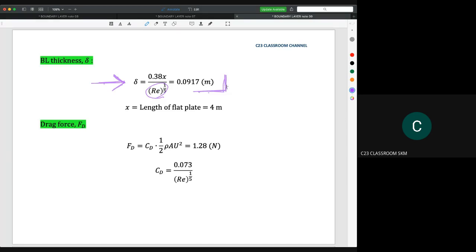And then we can calculate the drag force by using this equation, and the value of CD here is also calculated in previous notes. Okay, we substitute the value, so we get 1.28 Newton. So this is the value of delta and CD if we assume the boundary layer is 100% turbulent. So we neglect the laminar boundary layer.